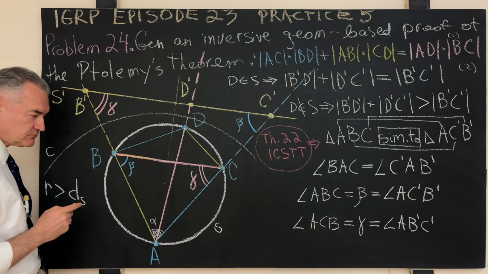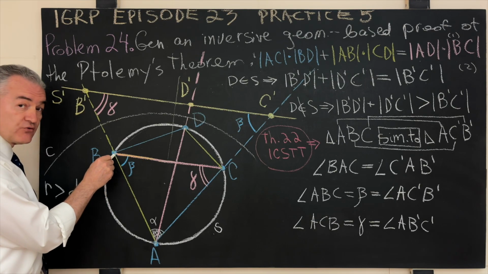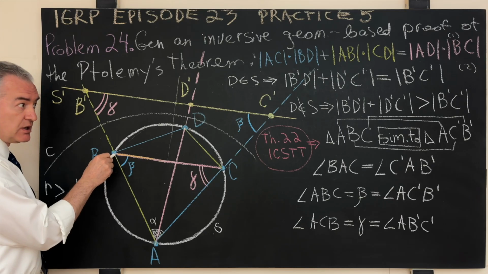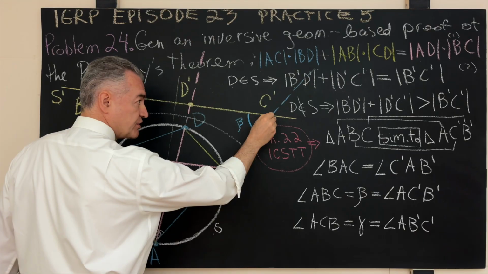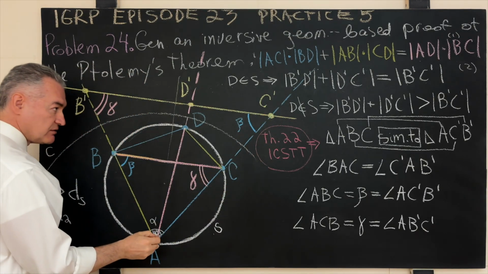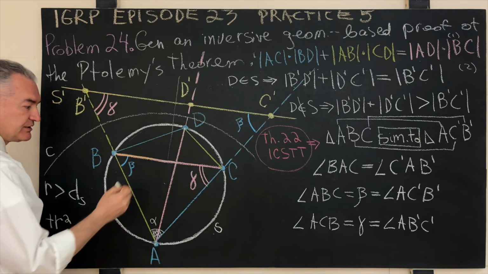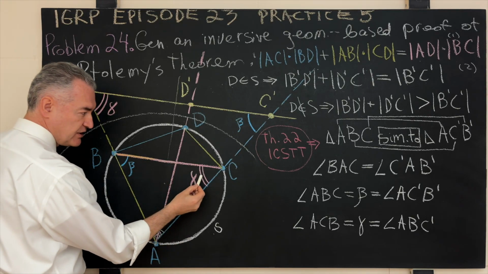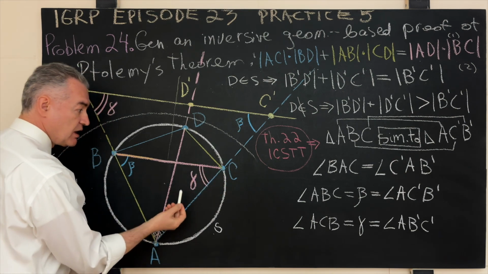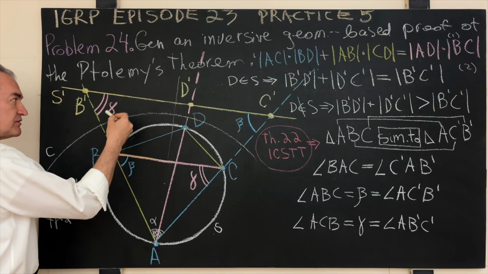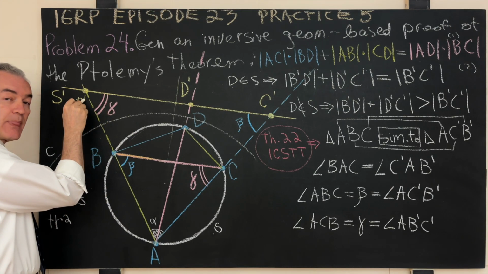But the magnitude of the angle beta at the vertex B of the original triangle becomes the magnitude of the angle at the vertex C prime in the image triangle A, C prime, B prime, if we name the original triangle A, B, C. Likewise, the magnitude of the interior angle at the vertex C of the original triangle, the angle gamma, travels into the magnitude of the angle gamma at the vertex B prime.